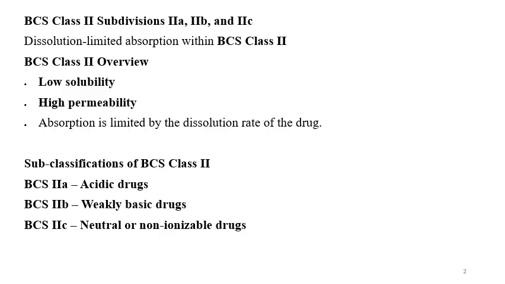Absorption of these BCS class 2 drugs is limited by the dissolution rate of the drug. Subclassification of BCS class 2: BCS class 2A, 2B and 2C. 2A drugs are acidic, 2B drugs are weakly basic in nature, and 2C drugs are neutral or non-ionizable.